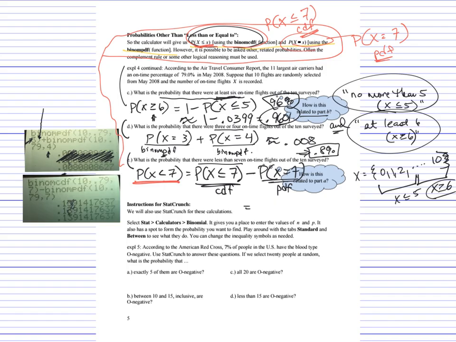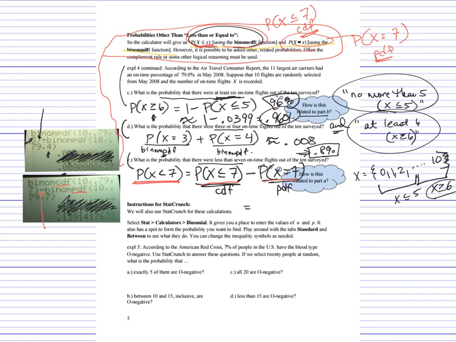Okay, so again, I did what I said I would do. Notice the minus sign there. I got the CDF to get the probability that x is less than or equal to 7, and then I've got the minus, the PDF, which will give me the probability that x equals 7. Of course, the first two lines I just ignore.